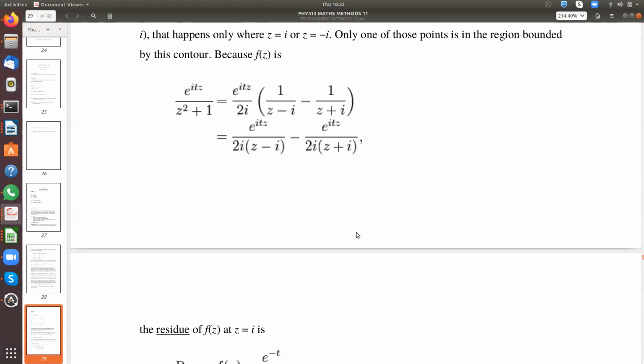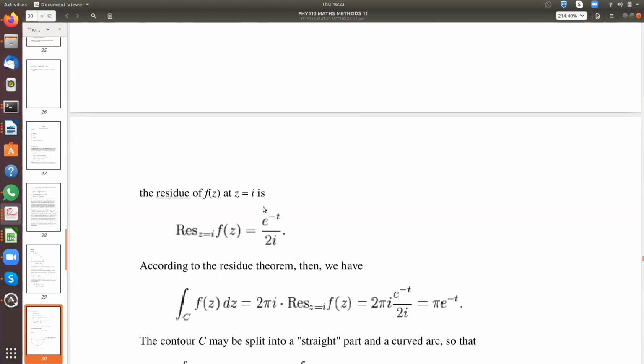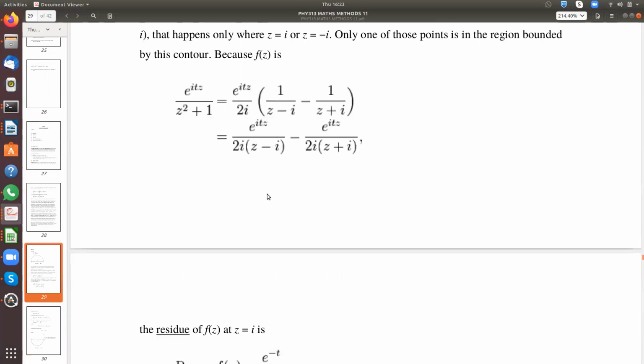You can check it. So now the residue of f of z at z equals i, which is the positive term now. If you substitute z equals i, the whole of this goes to 0. So if z is equal to i, this will give you 2i.